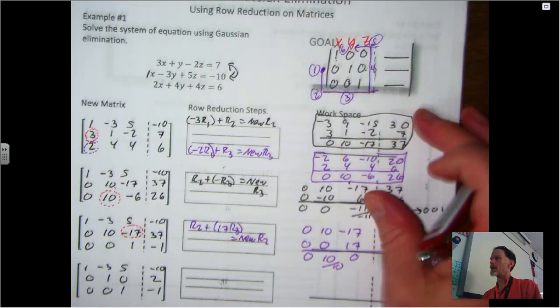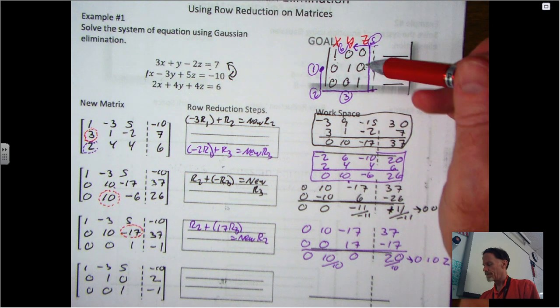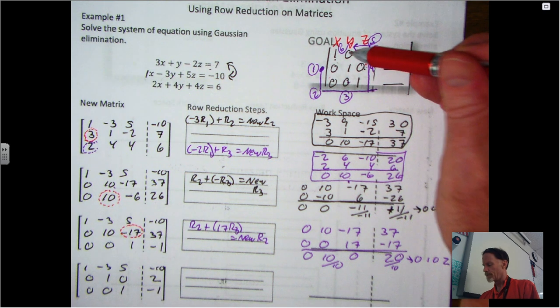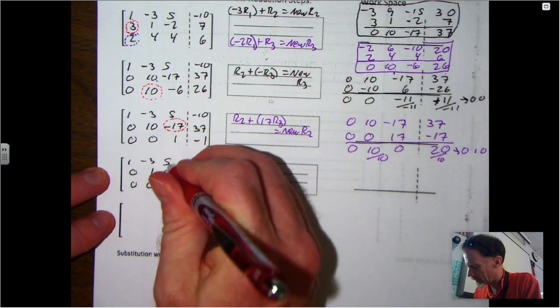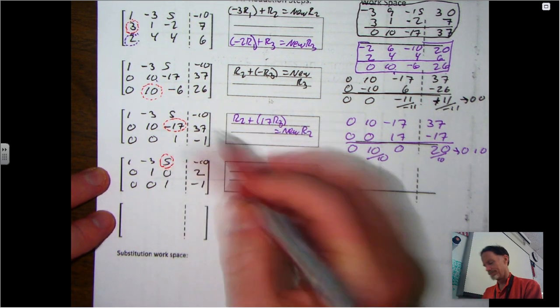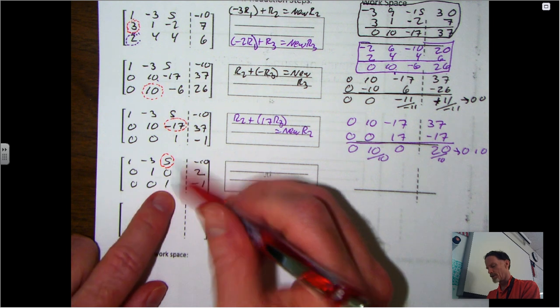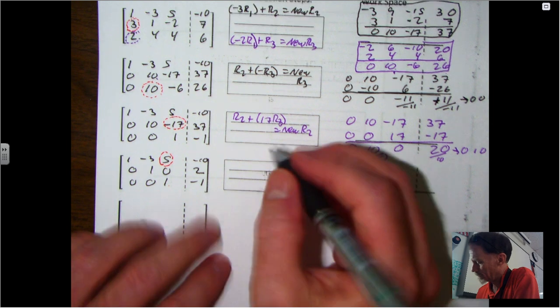So remember, what do we want next? We got all this stuff. Now we want to get this zero, and then we'll move over to that last zero. Okay, so I want to get this guy right here. And again, use the bottom row, because it's just a 1. I can multiply that by negative 5, combine it, and I got it.